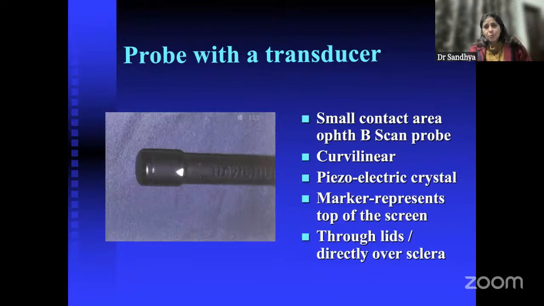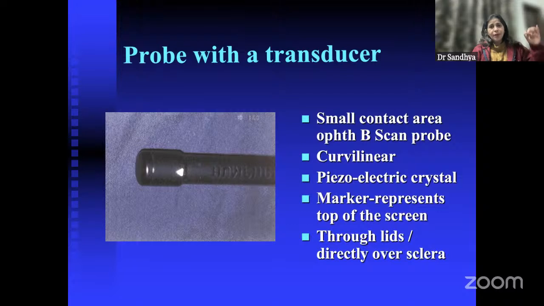This is the probe with the transducer. It is a small contact area probe for ophthalmic B scan. It is curvilinear, and its width is comparable to the width of the eyeball. It has a piezoelectric crystal, and there is a marker. You can see this marker in this picture. This marker represents the top of the screen, because of the reflected acoustic interfaces and the picture we see on the screen.